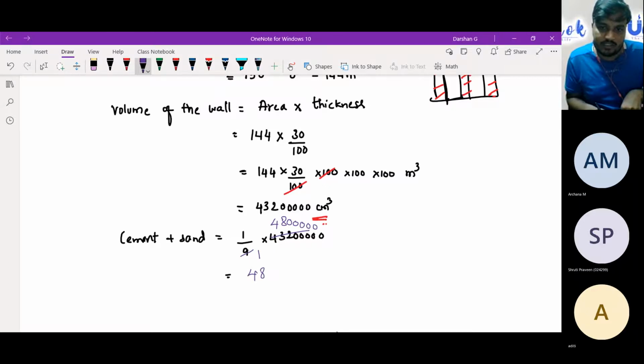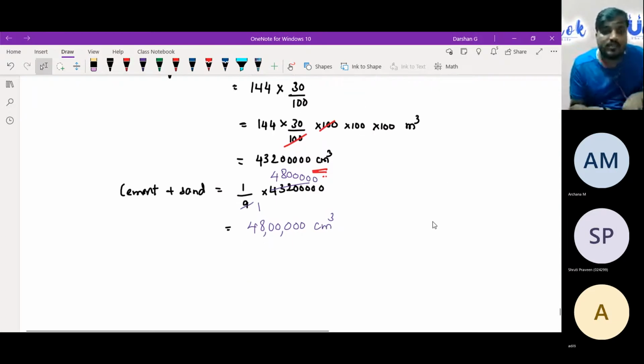So it is 4, 8, 0, 0, 0, 0. This is the 1/9 of the wall, meaning the cement we are talking about. This is in centimeter cube. Now, what is the volume of the bricks?